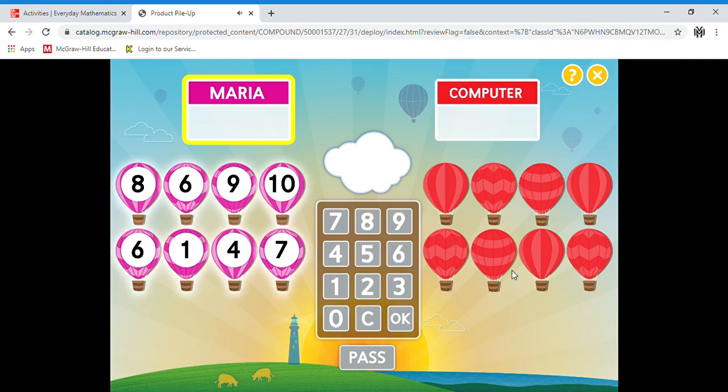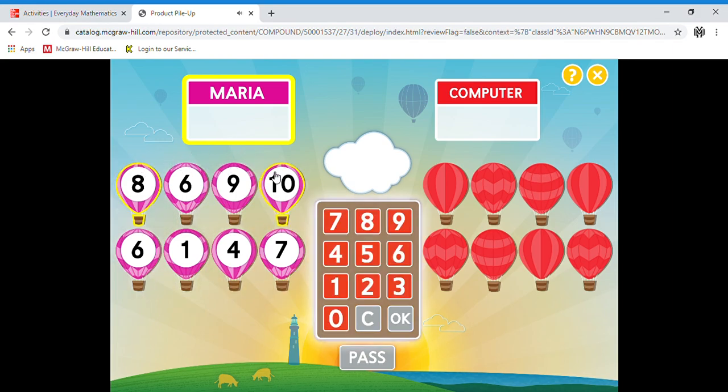So you can pick 2 balloons to multiply. These are your 2 factors. I'm going to do 8 and 10. 8 times 10 gives me a product of 80. Nice work! You made a new high product.